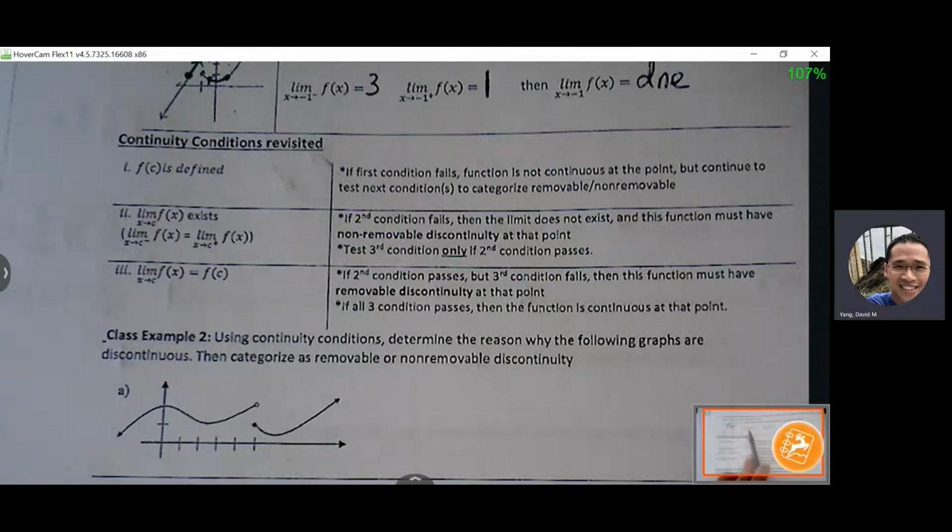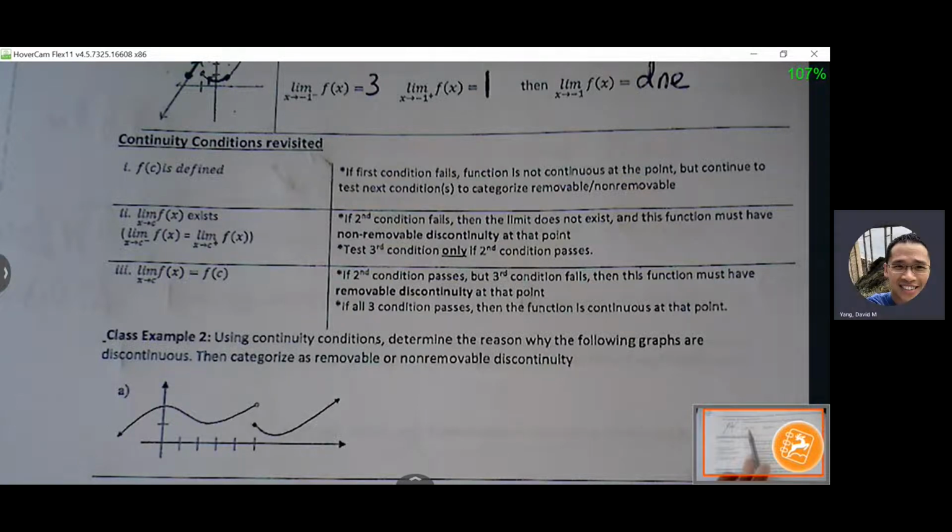So let me highlight each of the conditions and what it entails. The first condition is, does the point exist? If the first condition fails, we know the function is not continuous, but we don't know which category. So we're going to have to keep going. If I want to categorize between removable and non-removable, I need to gather the information from one and just keep going.